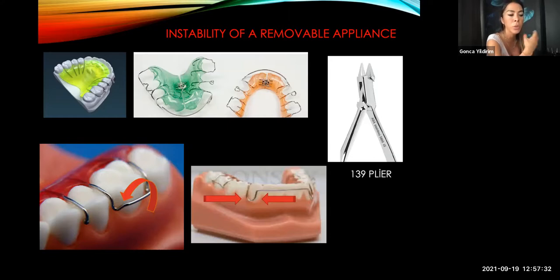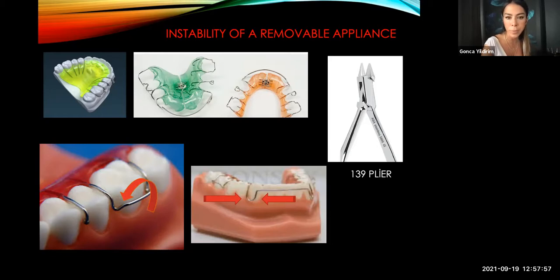We are using different kinds of pliers. If there is a plier you can use to squeeze the anterior side like this picture, or this is an Adams clasp. We can bend the U part of it like 30 degrees to stabilize the Hawley appliance.